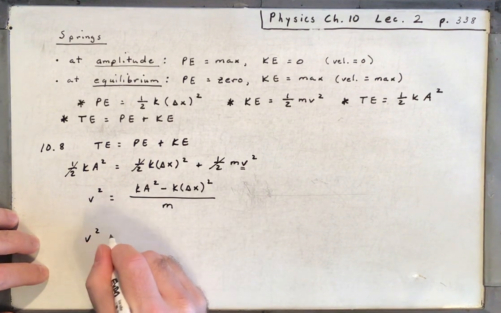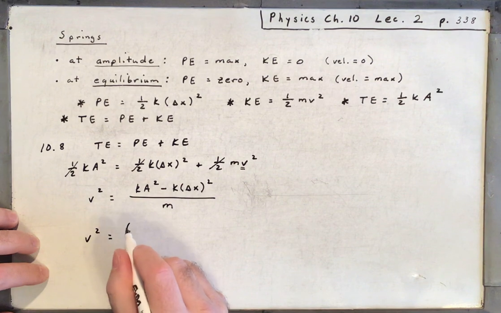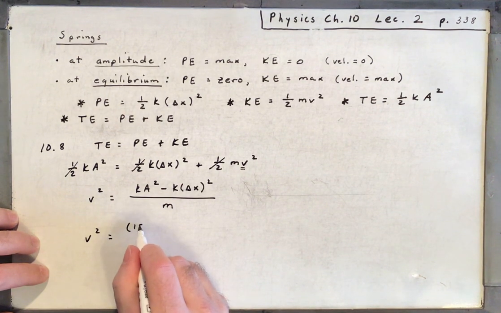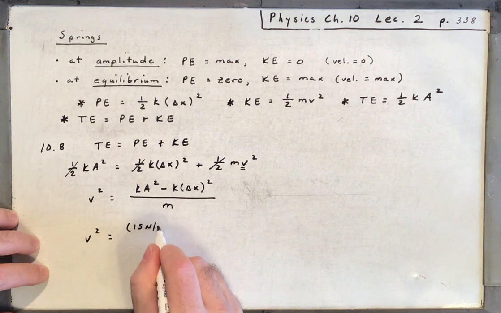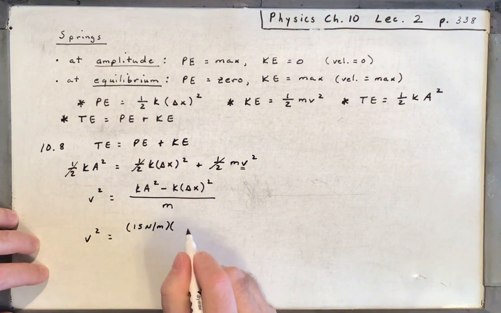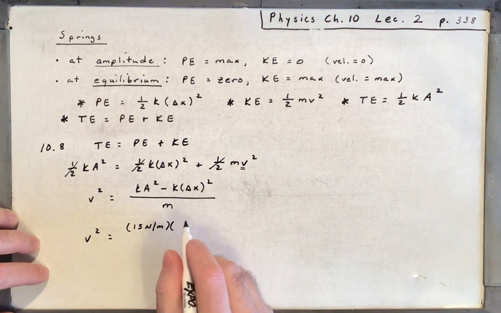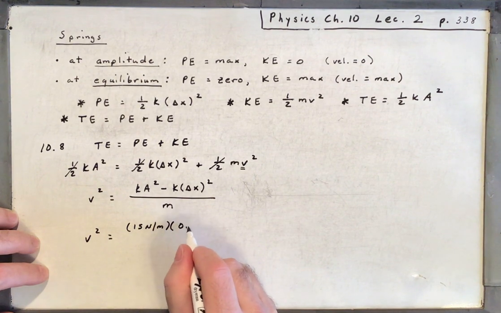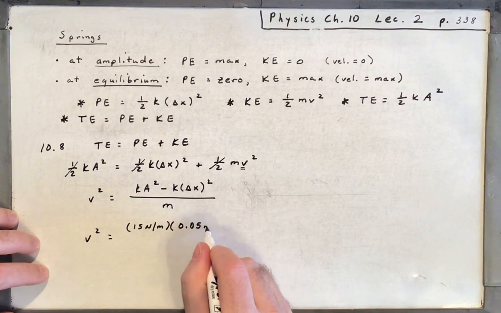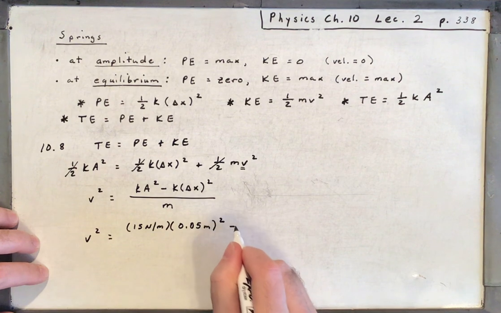All right, so v squared is equal to, okay, K is 15 newtons per meter, a very weak spring. The amplitude that it was pulled back would be 0.05. We're changing from centimeters to meters. Don't forget to square that.